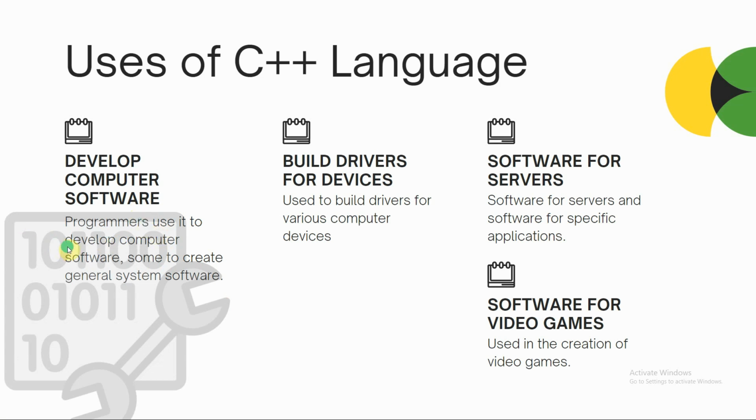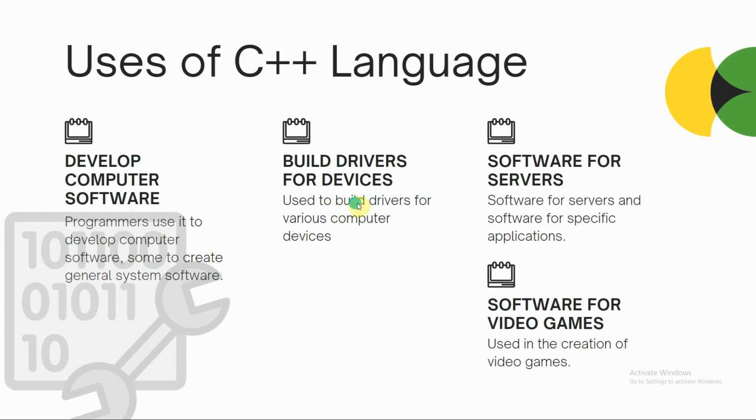Its use is basically for developing computer software. Programmers use it to develop computer software, some for creating general system software, and also for building drivers for devices, like the peripheral devices we lectured on before.